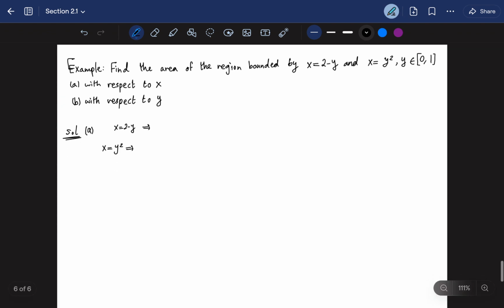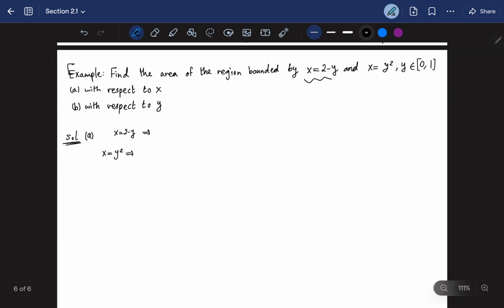Okay, so let's start. I have x to be 2 minus y, and x to be y squared, and I have y to be from 0 to 1. So since I want to evaluate first with respect to x, I want to find the functions in terms of x. So here, if you solve it, you're going to get y to be equal to 2 minus x, and then y to be plus or minus the square root of x, right? But here, which one should I take?